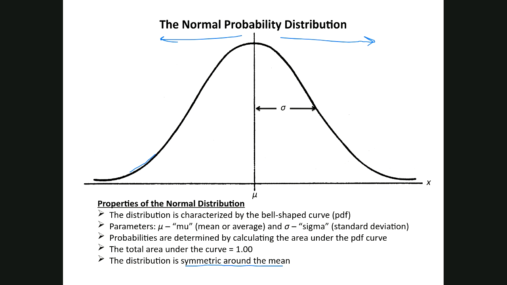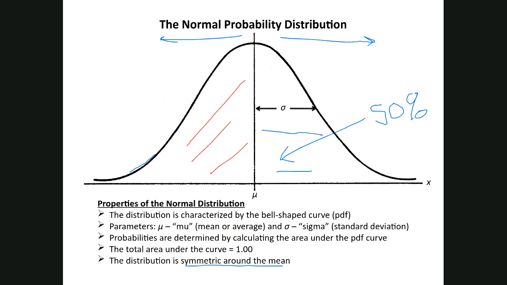And of course, in terms of probabilities, everything to the right of the mean is 50%. Excuse me, my drawing doesn't match my words. And similarly, the probability to the left of the mean is also 50%.